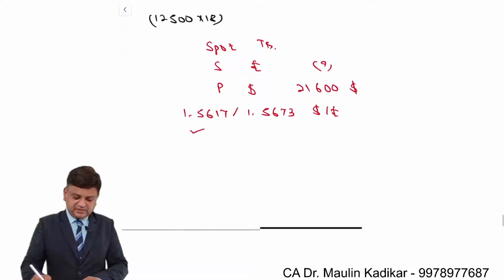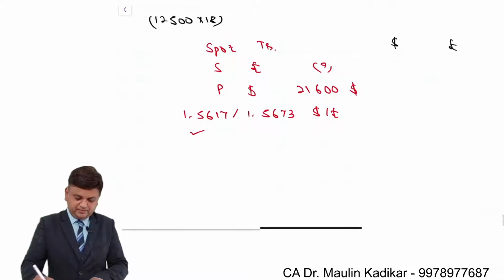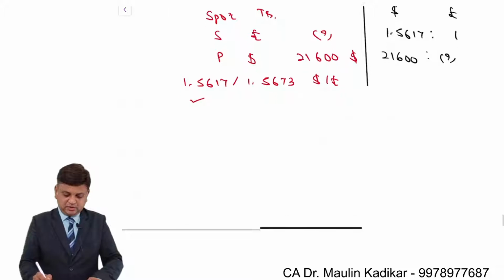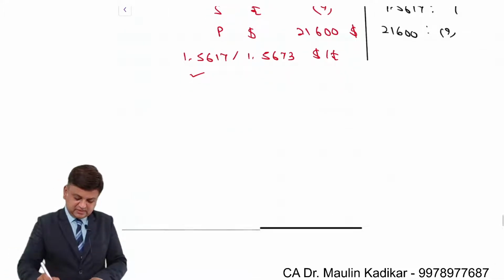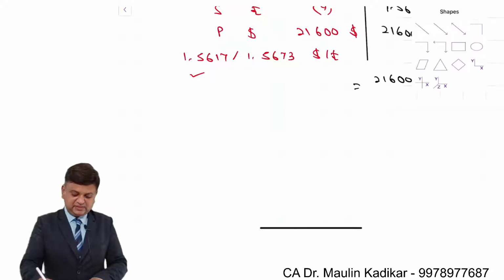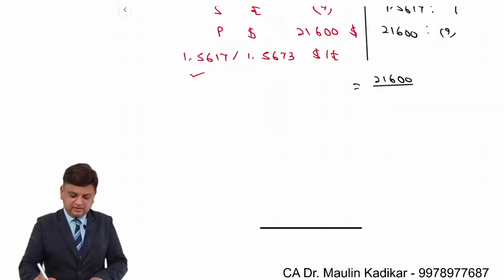So what will happen, friends? Dollar pound, $1.5617 is equal to 1 pound. So for $21,600, this is the amount of the pound. So the final answer would be like this: 21,600 into 1, that does not make a sense, divided by 1.5617.